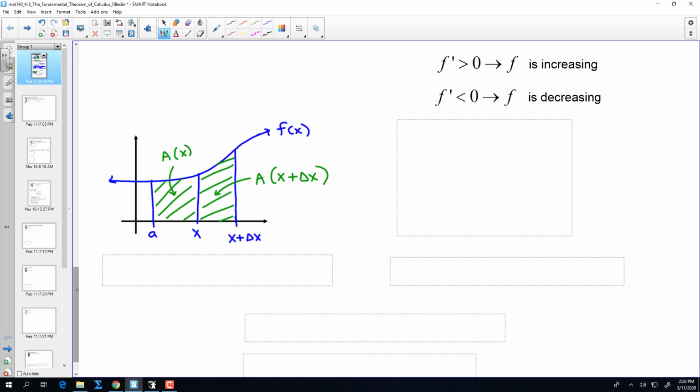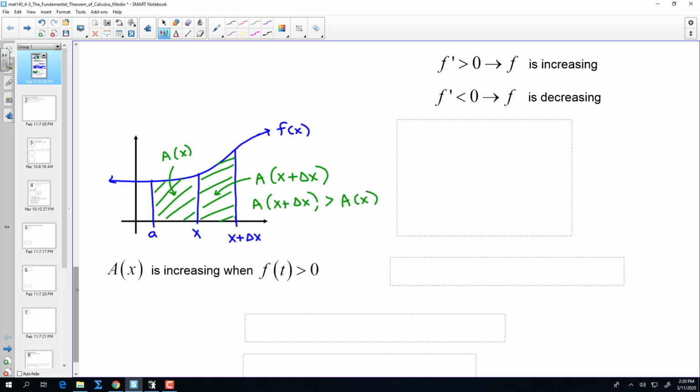And clearly, A of x plus delta x is going to be greater than A of x. So what that means is whenever your function is positive, your accumulation function is increasing. So if A of x is the antiderivative of f, that needs to hold. And it does.